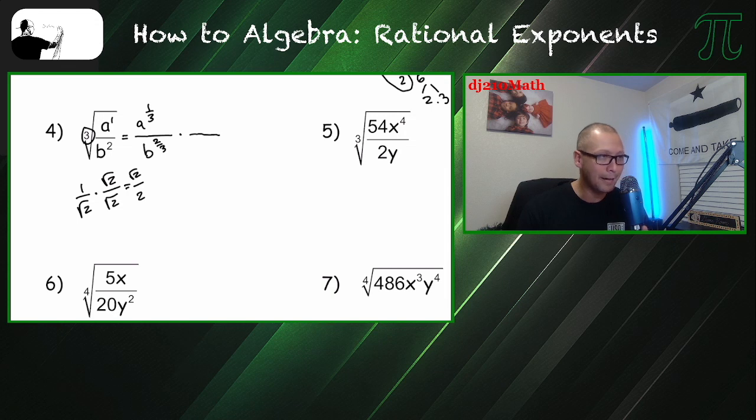So this same kind of idea, I have to multiply b to the 2/3 power by something. And the question is what? So if you think back to the exponent properties, when you multiply common bases, you add the exponents. So the exponent, in this case 2/3, I need to add something to it to make 1.